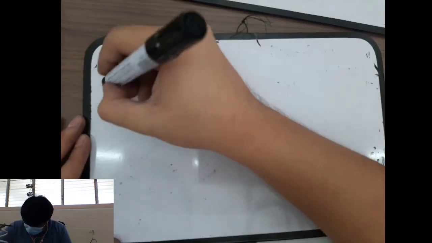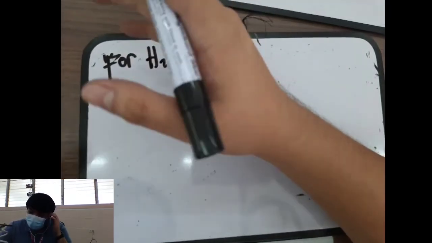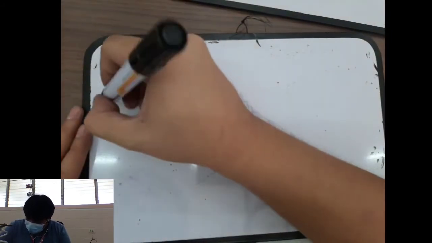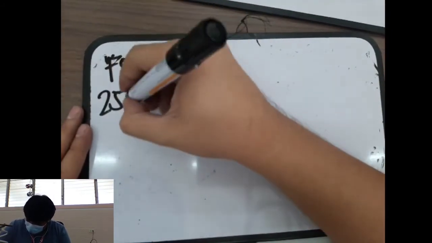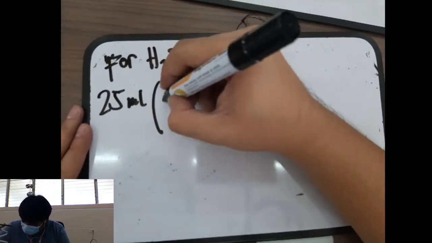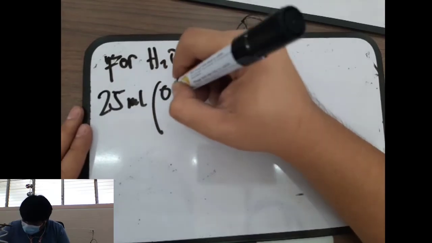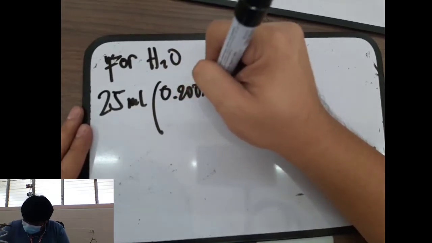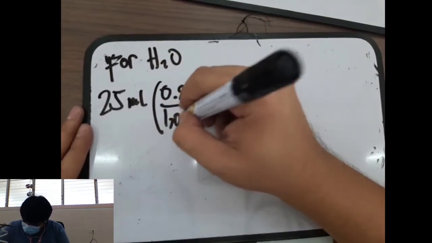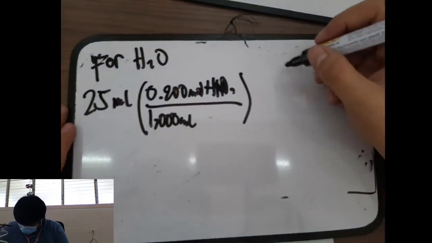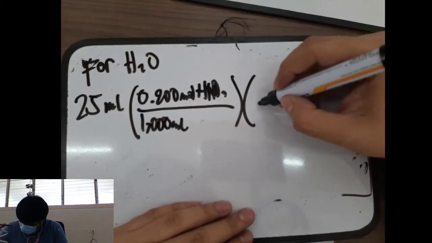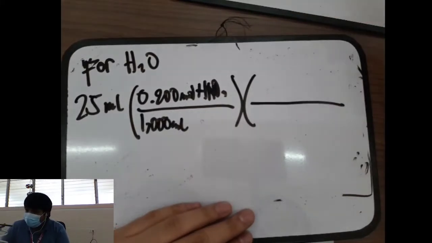Since moles is molarity times volume in liters, we use that again: 25 ml multiplied by the molarity of nitric acid, which is 0.200 mole per 1000 ml, multiplied by, then we convert this to moles of water using their coefficients in the balanced equation.